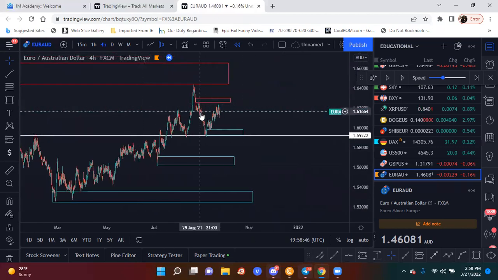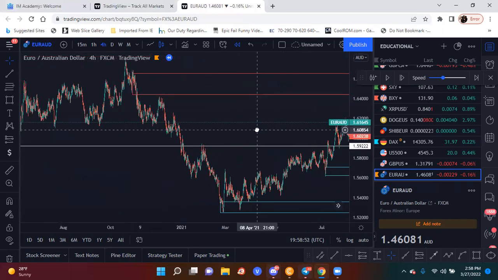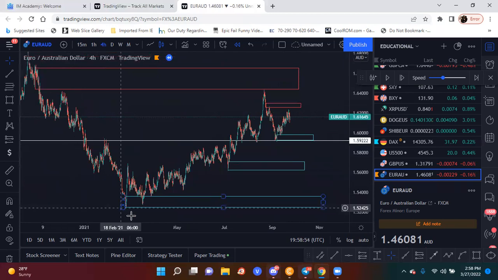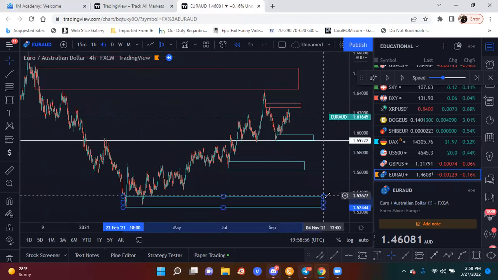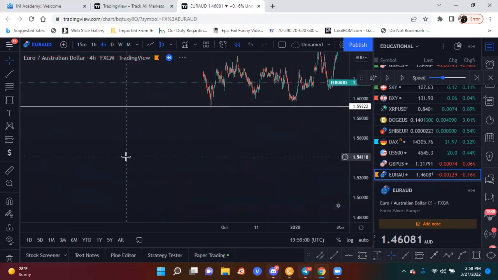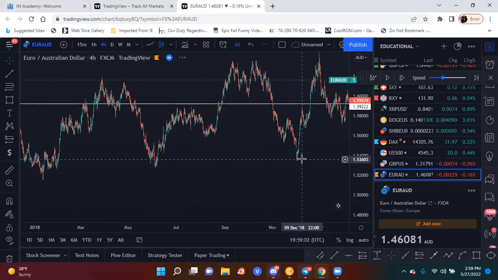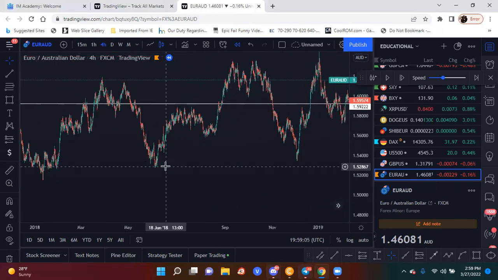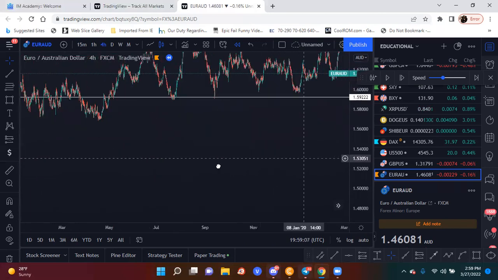We could maybe get a pullback here, then we could get the buys off this area. But it being on a downtrend, and this was the last major... look at all these wicks up from here.